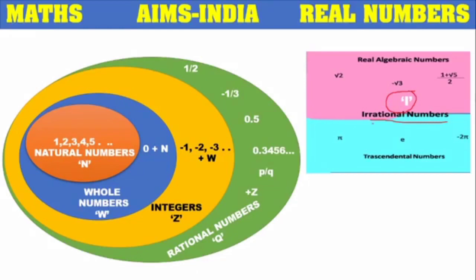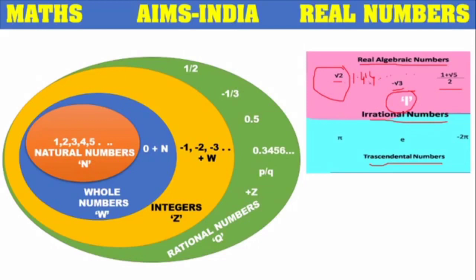So in irrational numbers, again we have two types: real algebraic numbers and transcendental numbers. If you observe numbers like √2, -√3, (1+√5)/2, √2 means, what does it represent? We know the value of √2. It is 1.414..., like that its value will come.